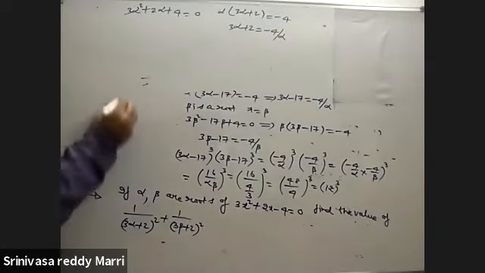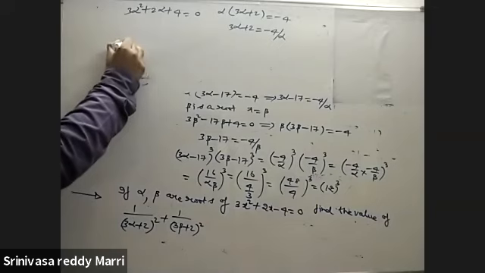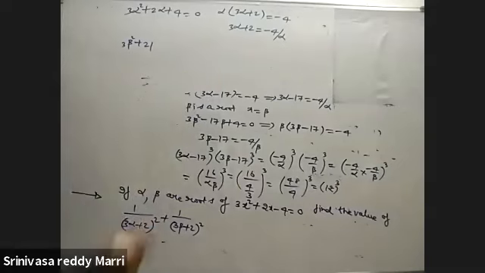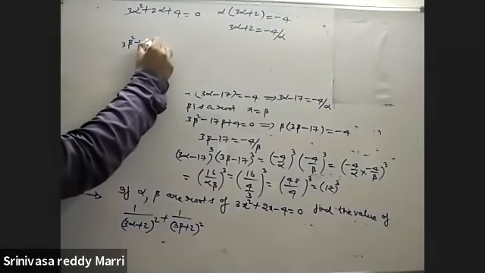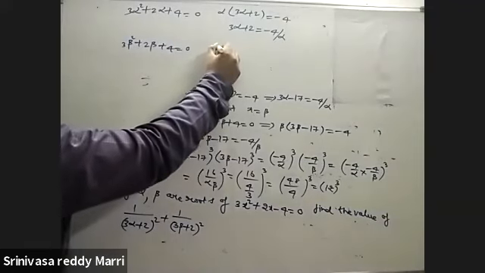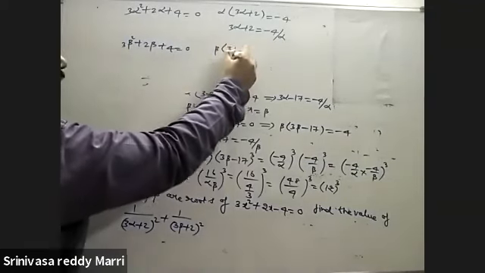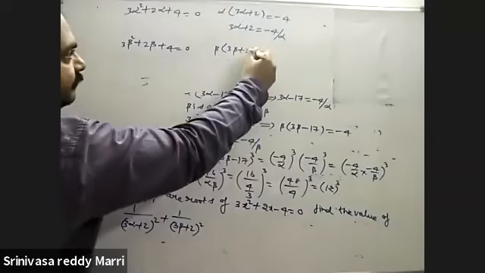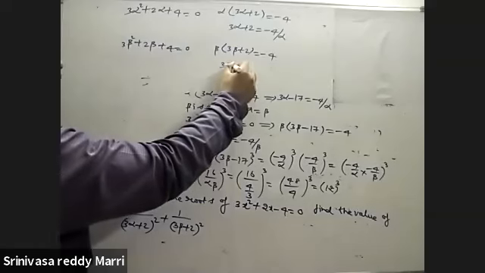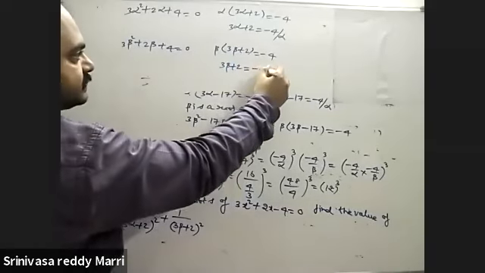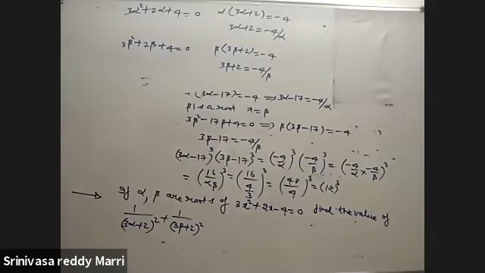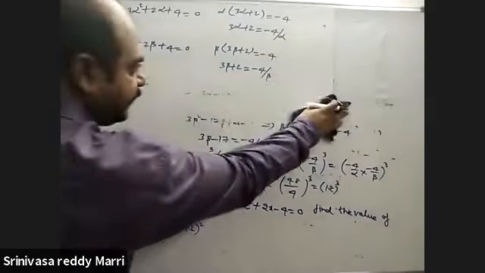Now beta is the root. 3 beta square plus 2 beta, that is beta into (3 beta plus 2) equals minus 4. So 3 beta plus 2 is simply minus 4 by beta.